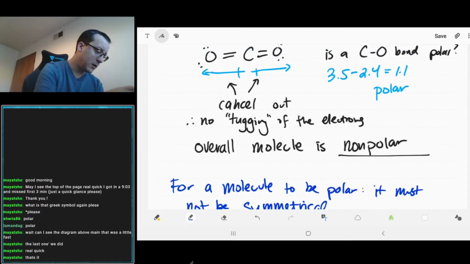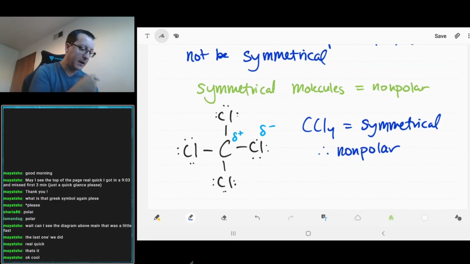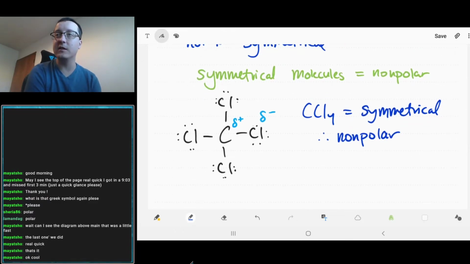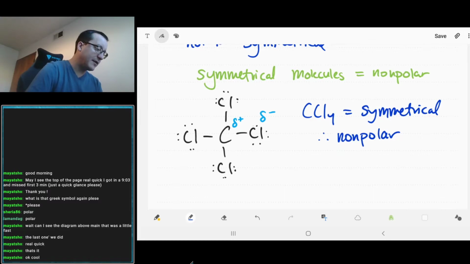Okay, cool. Great. So, because this molecule is symmetrical, it is going to be nonpolar. Let's see what happens if we swap one of these out with a hydrogen.